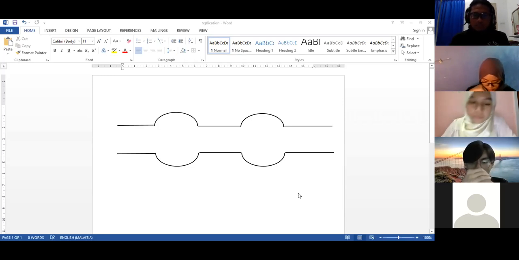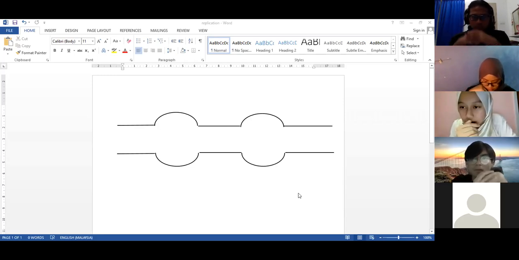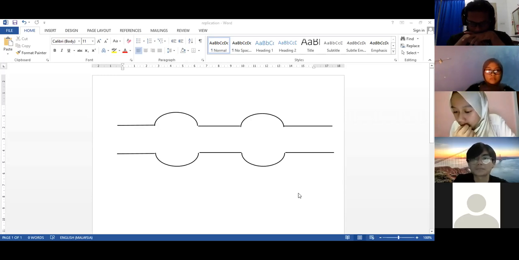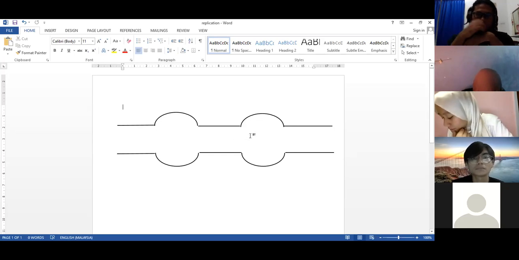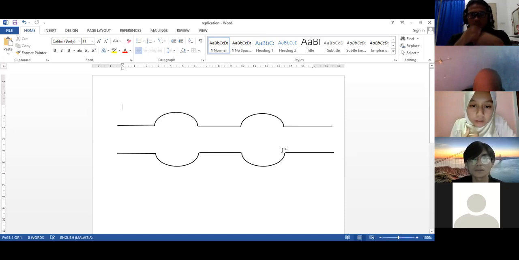That means replication occurs at two sites, at two OriC. At each replication bubble, there are two replication forks going in opposite directions, to the left and to the right, and this one also to the left and to the right. The replication will go in opposite directions. So that's my answer. Does everyone have a different answer?